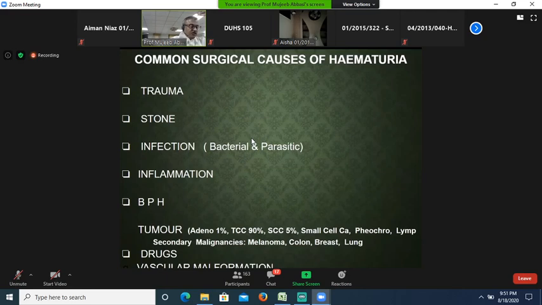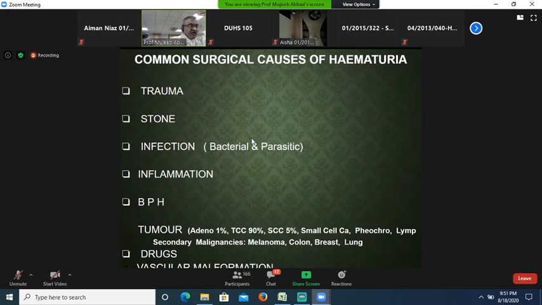Tumors: adenoma 1%, transitional cell carcinoma 90%, squamous cell carcinoma 5%, small cell carcinoma, lymphoma, secondary malignancies, melanoma, colon, breast, and lung disease. Drugs, especially, I'll give you a number of drugs that would cause this one.